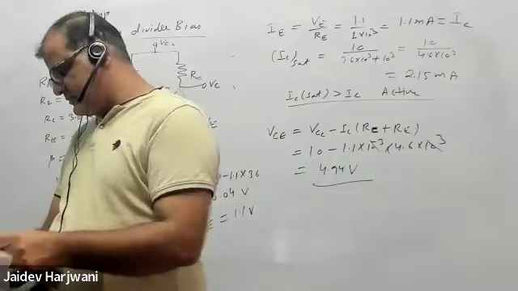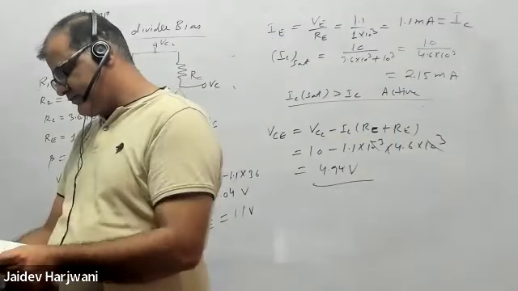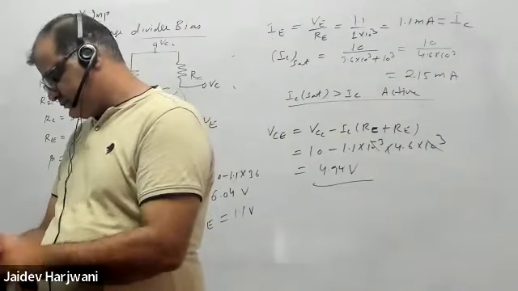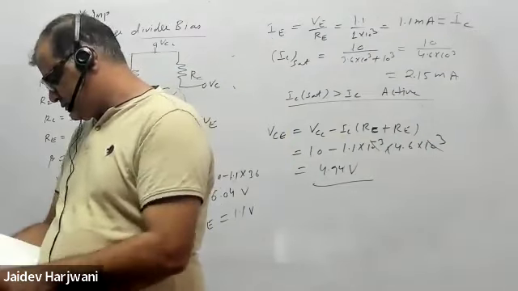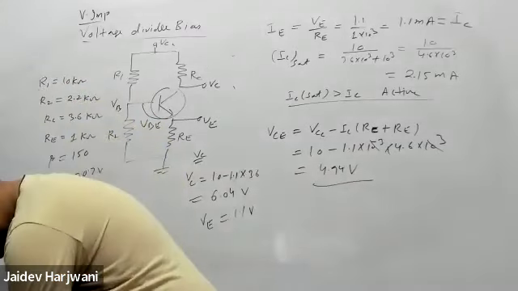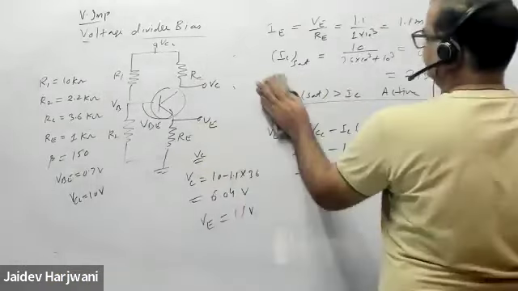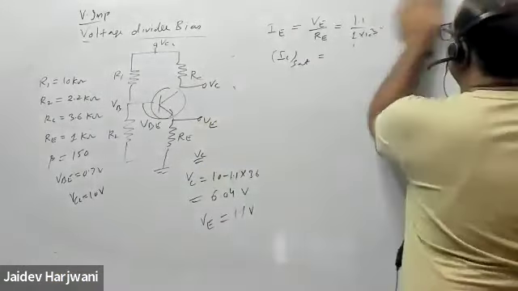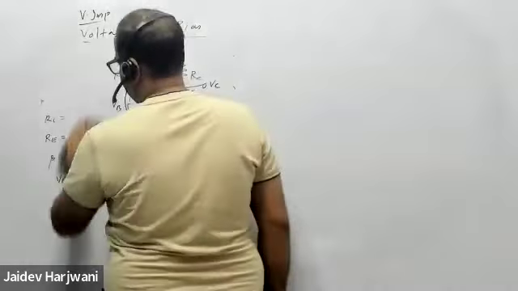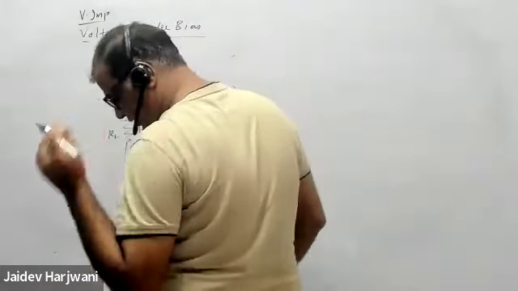Now let us do one more problem which came in your exam. Same, this voltage divider circuit is given, but this time R1, R2 values are not given. And what is given?